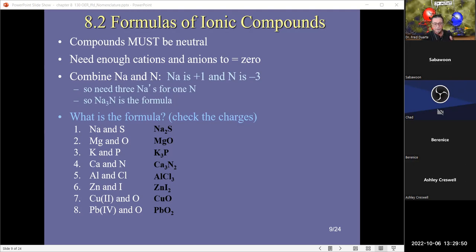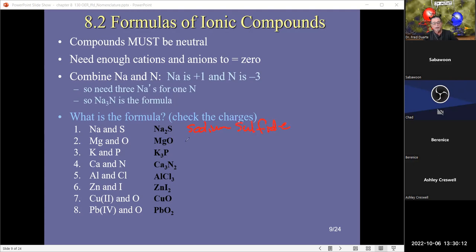And that's how we came up with these formulas. Now, with respect to the name, remember the metals, its name stays the same, okay? So Na remains as sodium, and then sulfur becomes sulfide. So the name here is sodium sulfide.